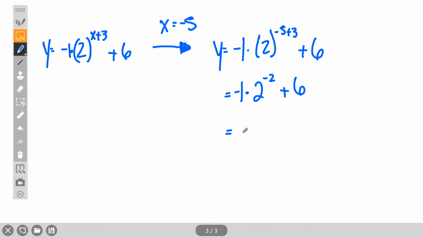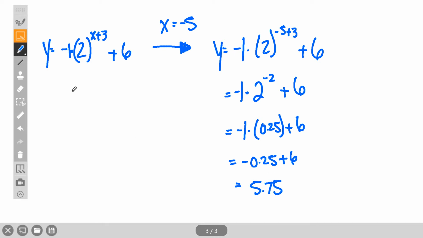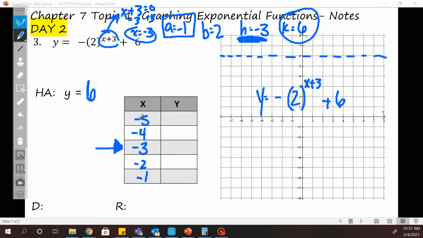We need to do the exponent according to PEMDAS. So 2 to the -2nd power is 0.25. -1 times 0.25 is -0.25. And -0.25 plus 6 is 5.75. So that is what we get when we plug in -5: 5.75.